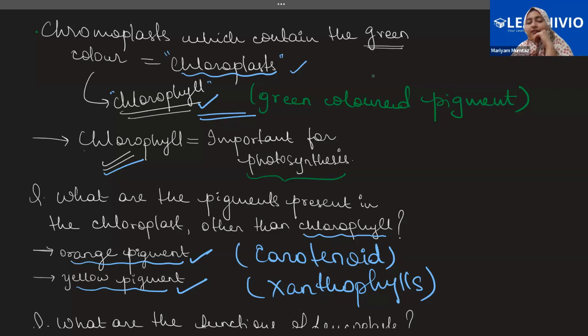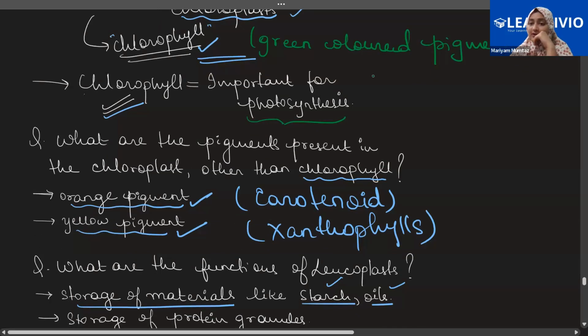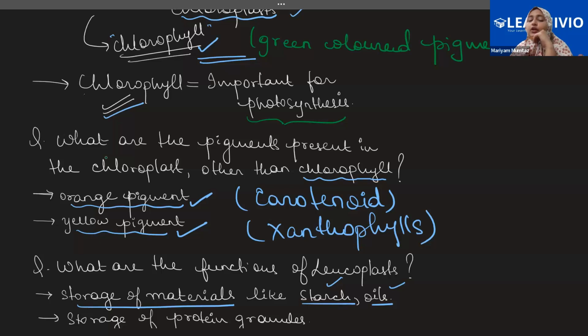Now, apart from the chloroplast, or you can say apart from the chromoplast which contains the color chlorophyll, there are many others that contain other kinds of colors in them, such as the orange pigment. Whenever any chromoplast is carrying the orange pigment, that kind of pigment is carotenoid. Just like how the green pigment was chlorophyll, same way the orange pigment is carotenoid.